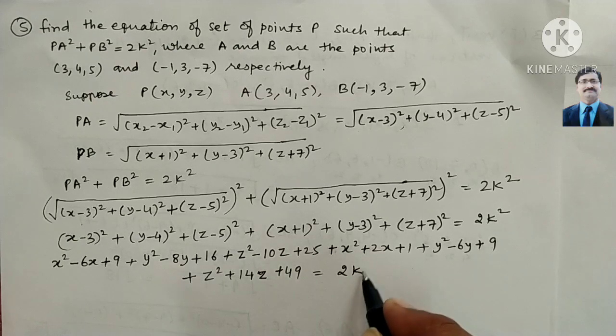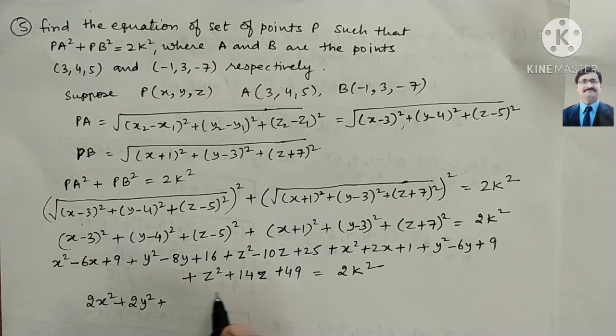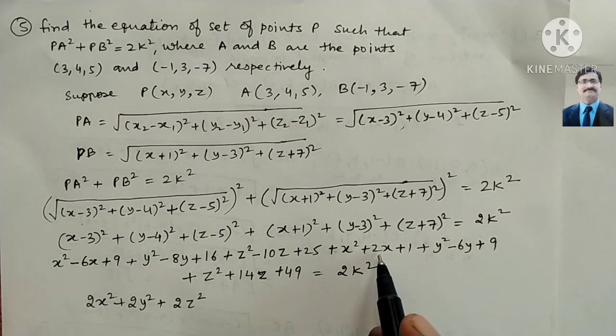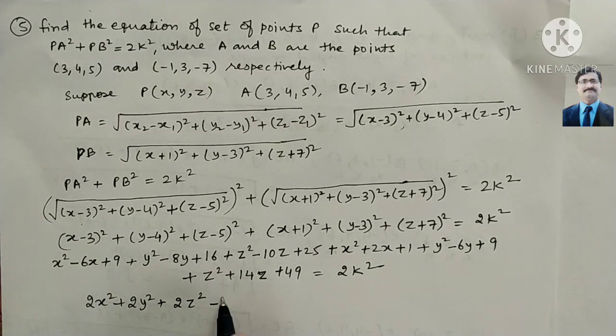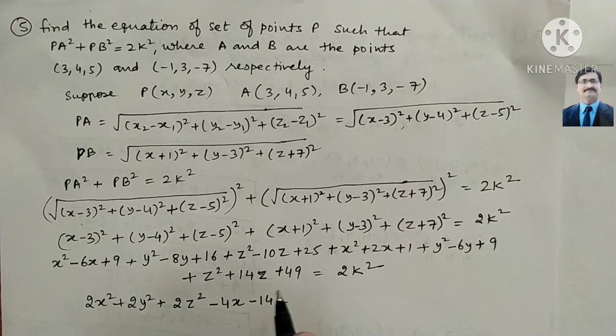Now we will add this x square and x square, we have 2, so we can write 2x square. Y square and y square we have 2, so we can write 2y square, and z square we have 2, so we can write 2z square. Now minus 6x and plus 2x, we can write minus 4x, okay, minus 8y and minus 6y, we can write here minus 14y, okay.